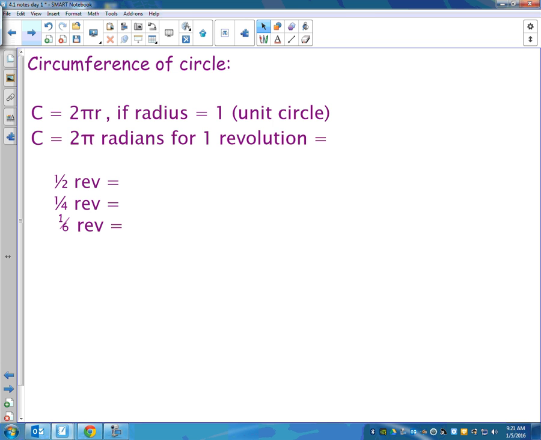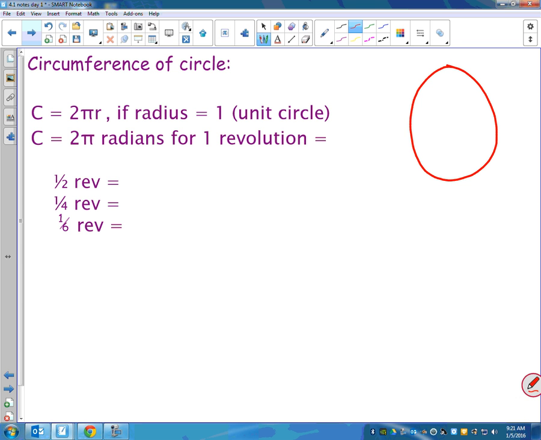So, let's talk about what we know with the circle. Hopefully you know the circumference of a circle is 2 pi r. What does that mean, circumference? All the way around a circle, right? So if you measured a circle with whatever the radius happened to be, all the way around the circle measures 2 pi times the radius.